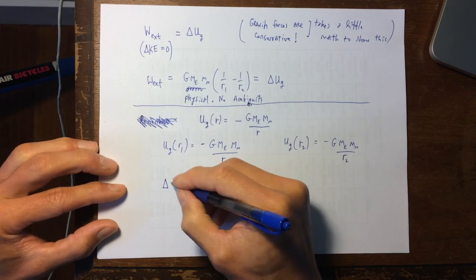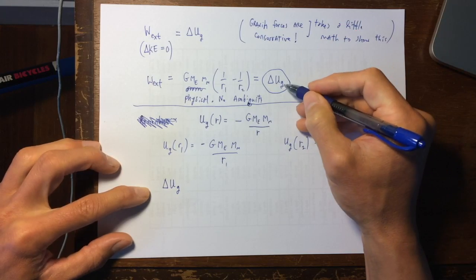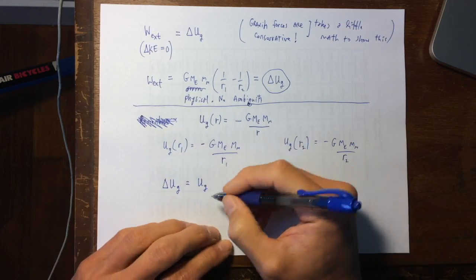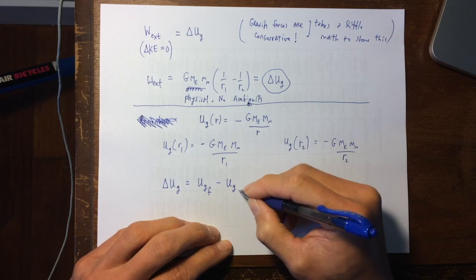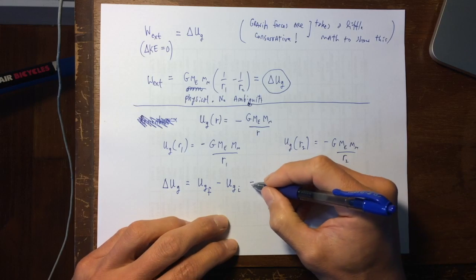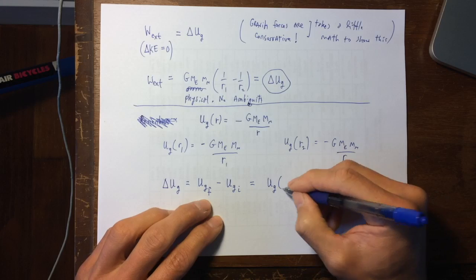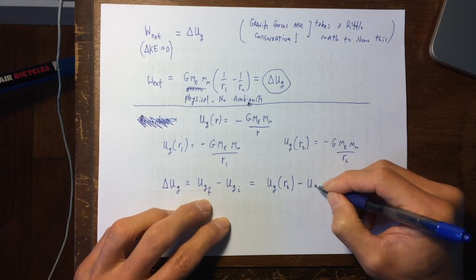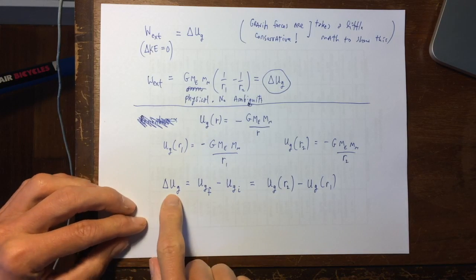And the change in the potential energy that we calculated up here is equal to the potential energy final minus the potential energy initial, which must have been the potential energy at R2 minus the potential energy at R1. So that's what delta U sub G is.